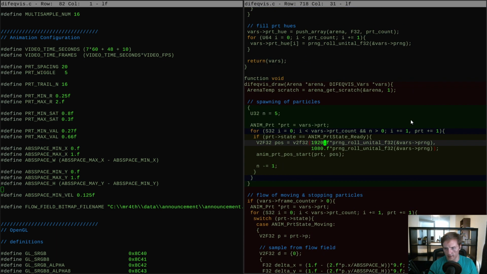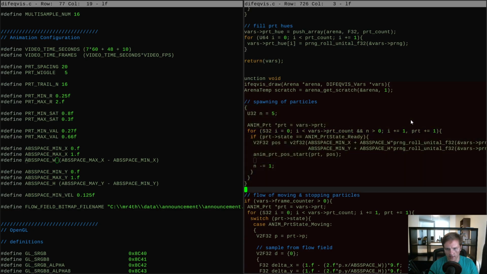And then this is the min x value plus a roll against the width, and this is the min y value plus a roll against the height. So that's how we spawn them in.